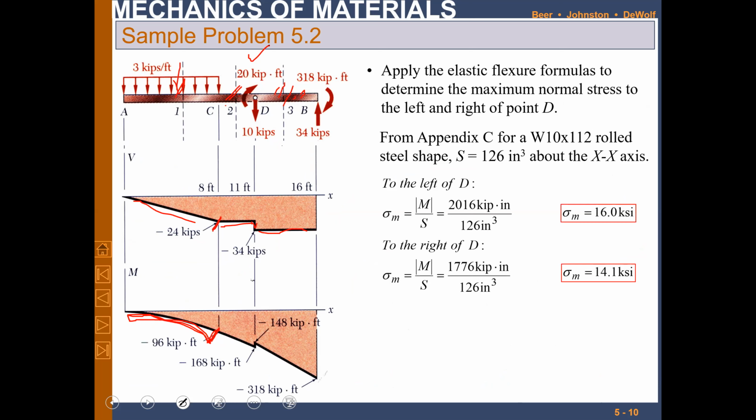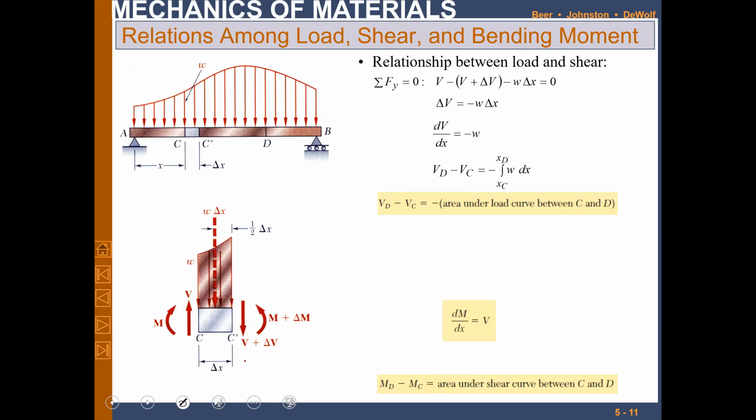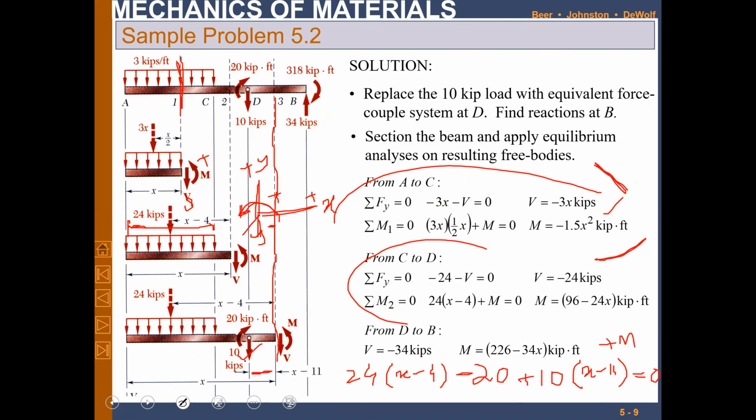Minus 148 will be the net moment at this particular point, because you have already applied 20 kips feet over there as well, and that is in the negative direction. So it is a negative moment, so it will be subtracted from this one. So 148.